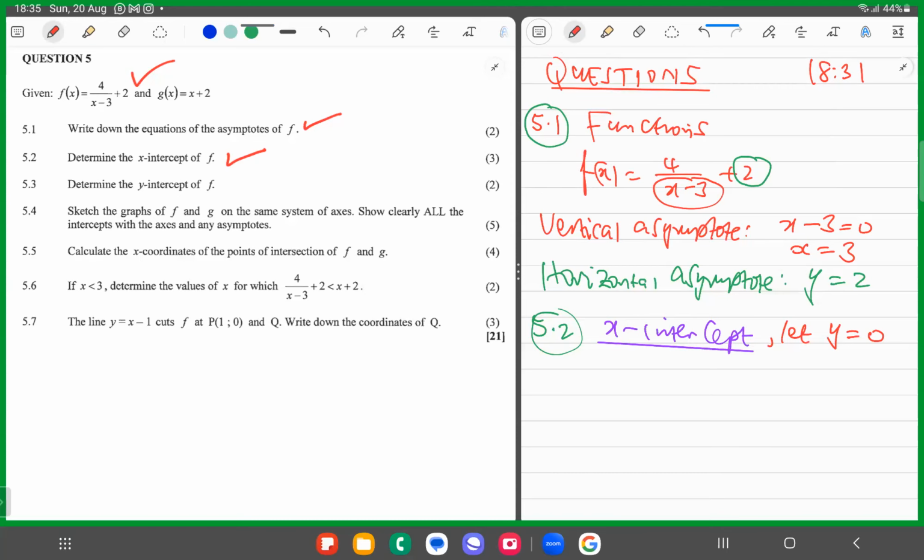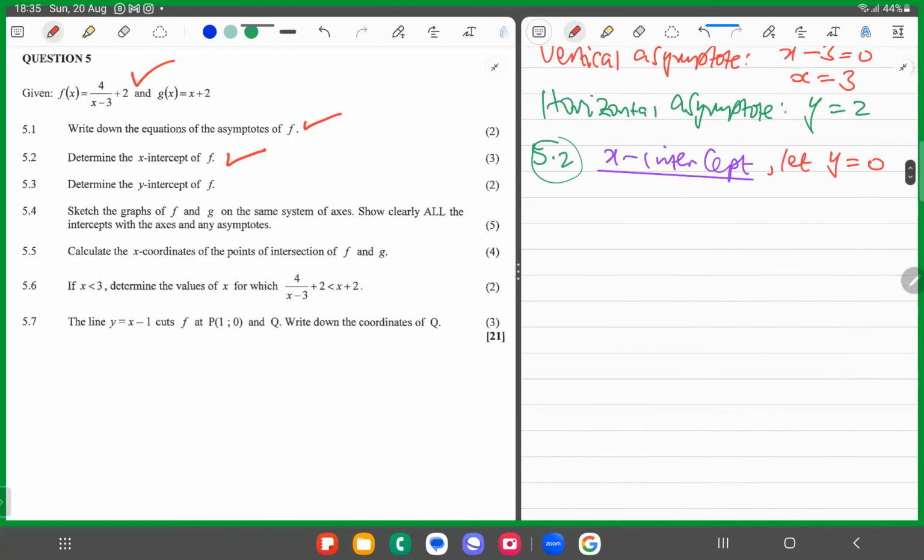If you do that, you'll have that the function itself is f of x, which equals 4 over x minus 3, plus 2. When y is 0, you have 4 divided by x minus 3, plus 2. From this, you can move the 2 to the other side, making it negative, and then you have 4 over x minus 3.